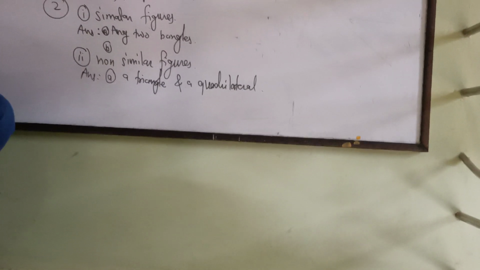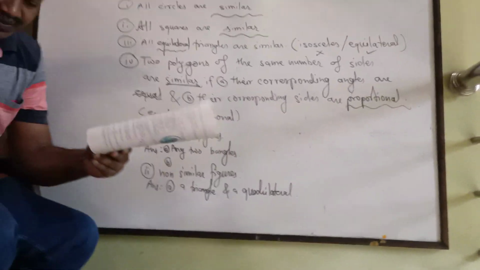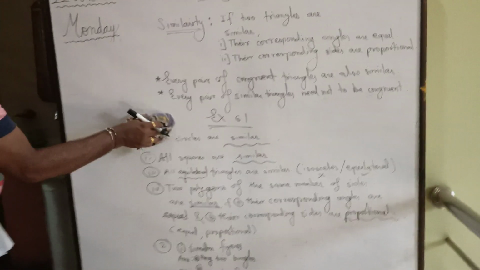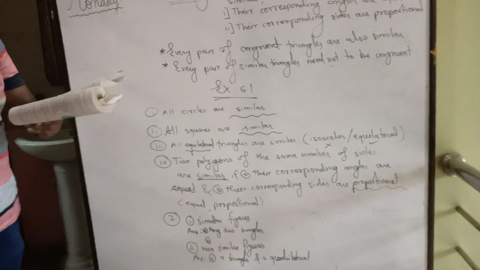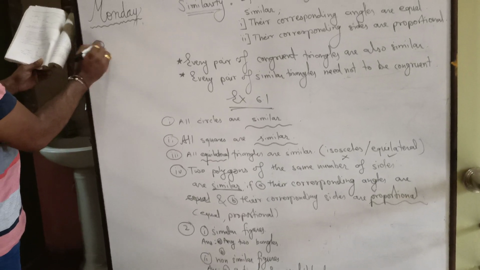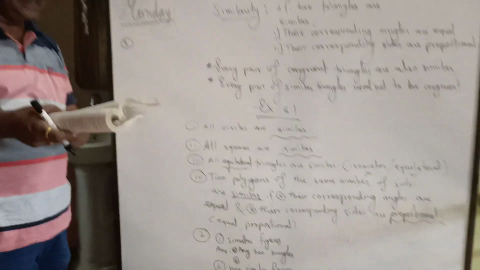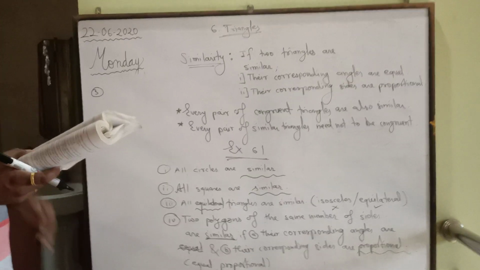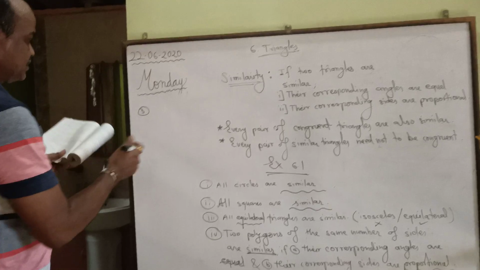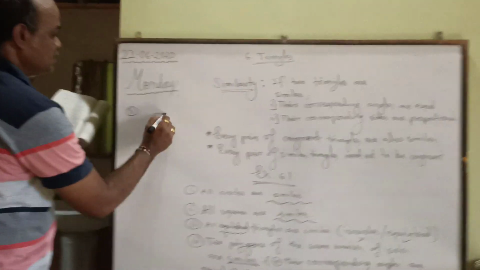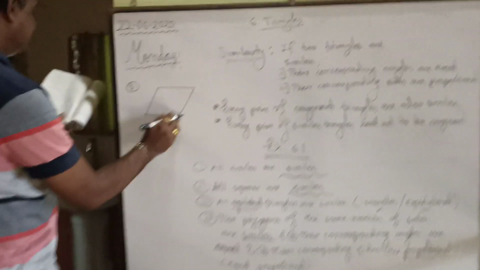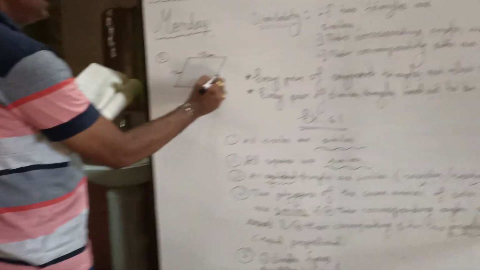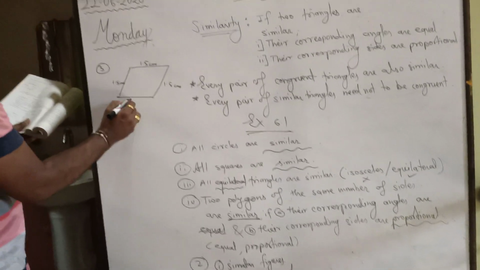Now students, third question is there. I am drawing figures in this corner. It is also a very easy question. I will not write down the question, I am just reading it. State whether the following quadrilaterals are similar or not. Two figures are given here. One is a rhombus with side 1.5 centimeter. You can see in your textbook.